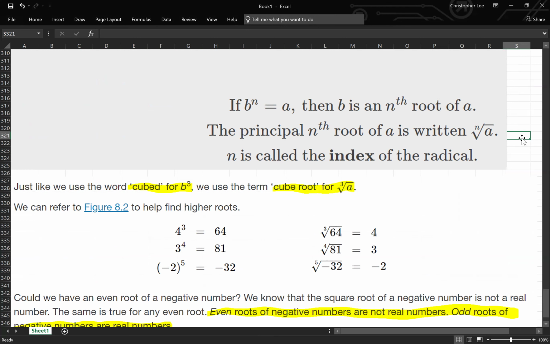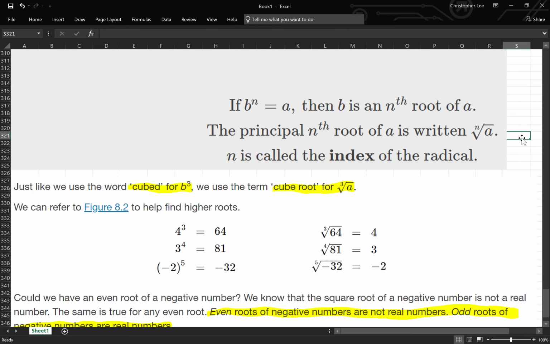We can refer to this figure to help us find higher roots. So 4 to the third power is equal to 64. 3 to the fourth power is equal to 81. Negative 2 to the fifth power is equal to negative 32. And the cube root of 64, we know, gives us back 4. The fourth root of 81 gives us back 3. And the fifth root of negative 32 will give you back negative 2.